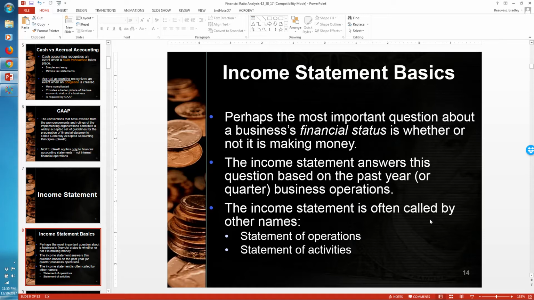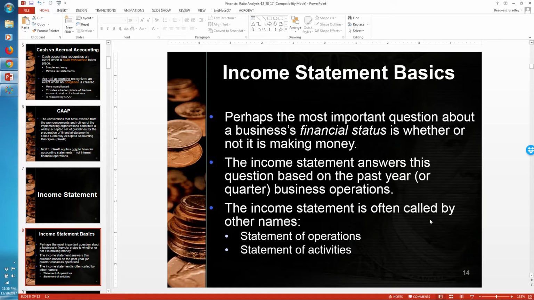Because the income statement is, again, going to tell us basically how much or how little the organization made from a net income standpoint during the last reporting period. Now that might be the last quarter or the last year, but really, as that middle bullet here speaks to, it answers the question of whether or not the organization is making money based on the business operations undertaken over that period of time.